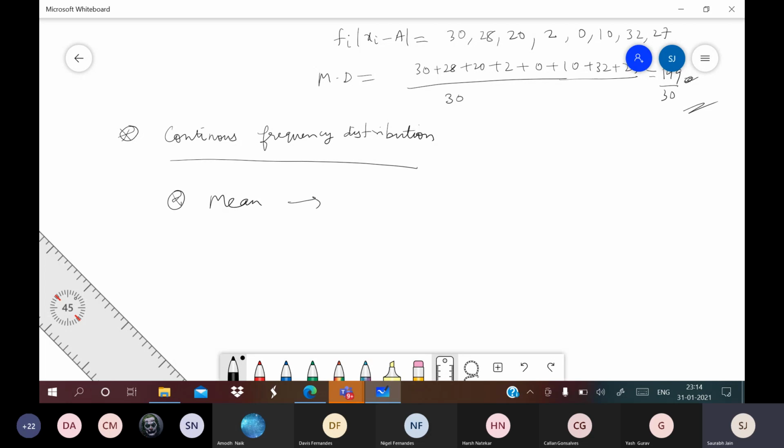So to find mean, I want to write one point: the xi's are the mid values of the class.